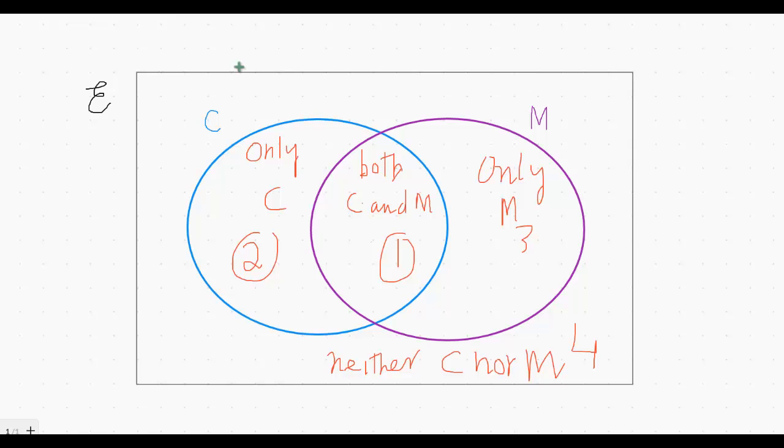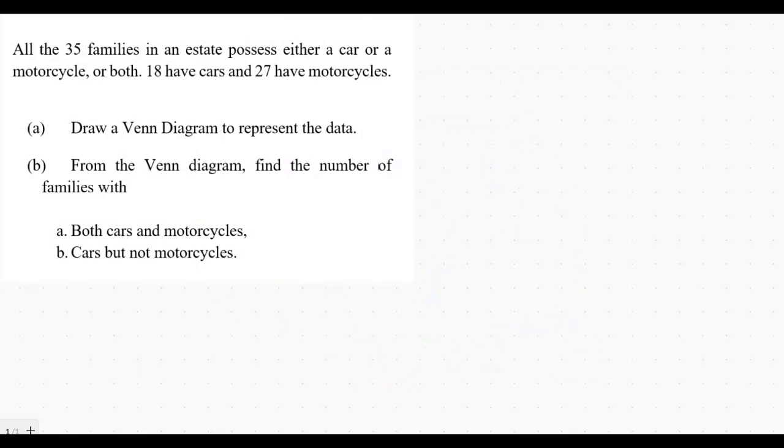Let's come to the application question. This is a question. So let's read the question. Here, all the 35 families in an estate possess either a car or a motorcycle.